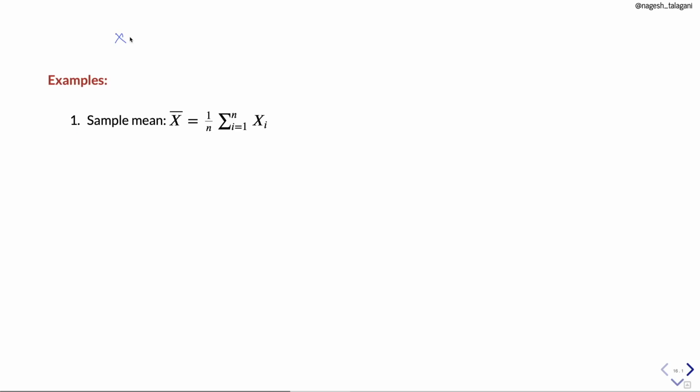If we let X1, X2, so on, Xn be a random sample of size n that comes from some population, then the sample mean, which is denoted by X bar, (if you want to emphasize the size of the sample, you can also write Xn bar), is 1 by n summation i equal to 1 to n Xi, which is a function of the random sample X1, X2, Xn. So this is one example of a statistic.